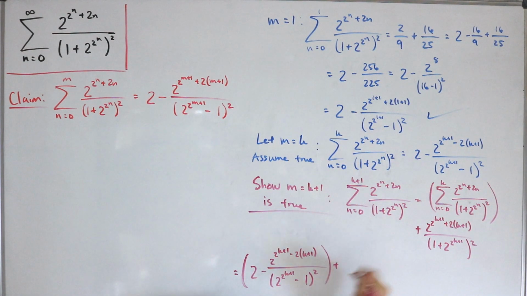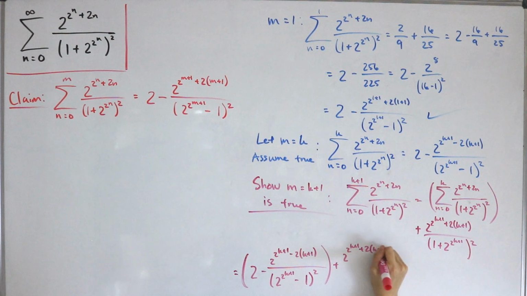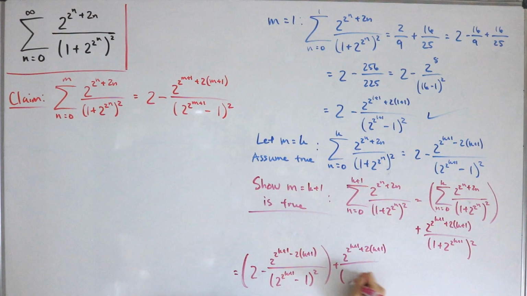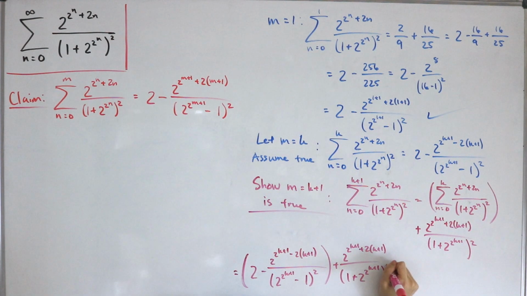Then we just add this with this term over here, so now 2 to the power 2 to the power k plus 1 plus 2 times k plus 1, all this divided by 1 plus 2 to the power 2 to the power k plus 1, and then quantity square.